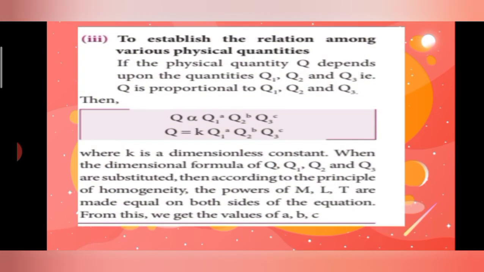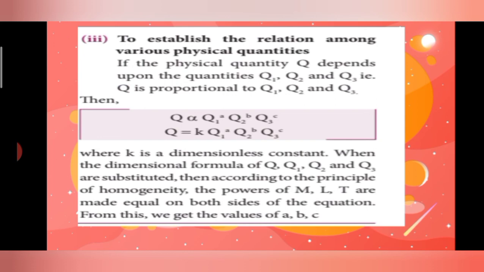Third, to establish the relation among various physical quantities. If the physical quantity q depends upon the quantities q1, q2 and q3, that is, q is proportional to q1, q2 and q3, then q = k q1^a q2^b q3^c, where k is a proportionality constant, a dimensionless constant.